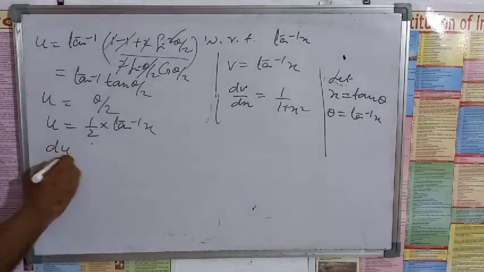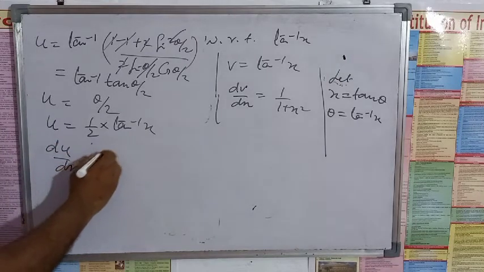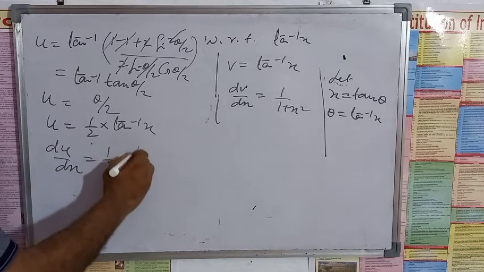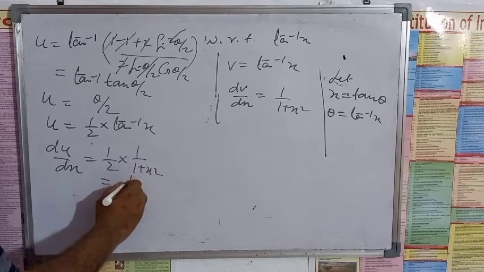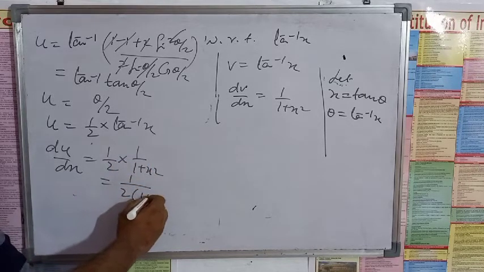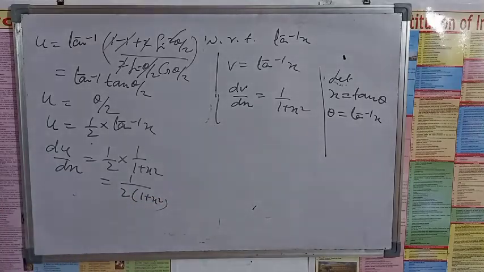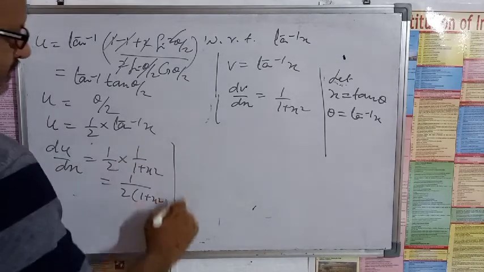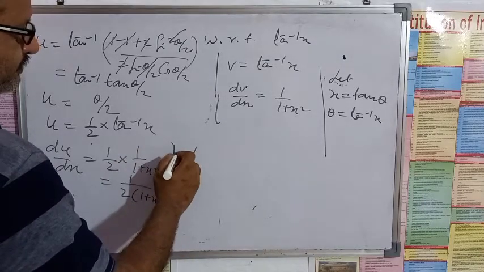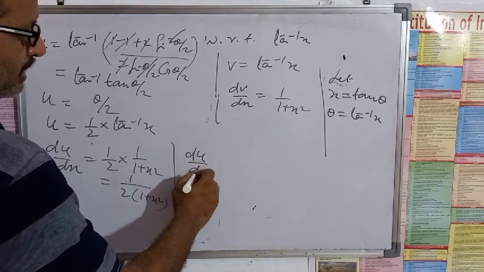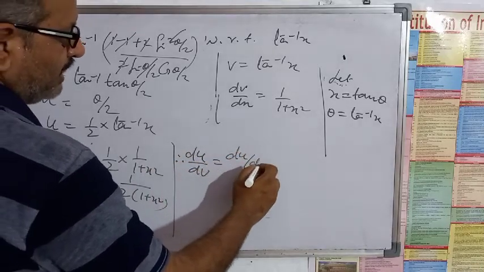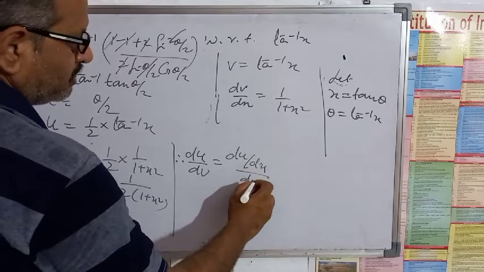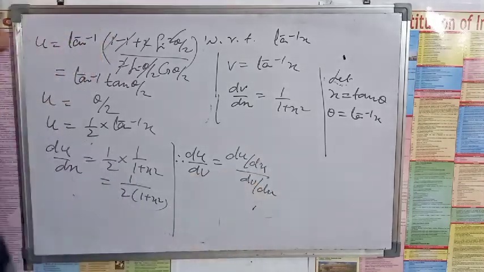Find the derivative. 1 by 2 is constant. Derivative of tan inverse x is 1 upon 1 plus x square. So it is du by dx. We have to find du by dv. So du by dv means du by dx whole upon dv by dx.